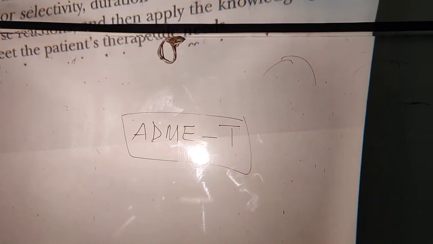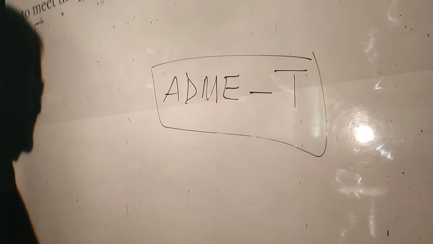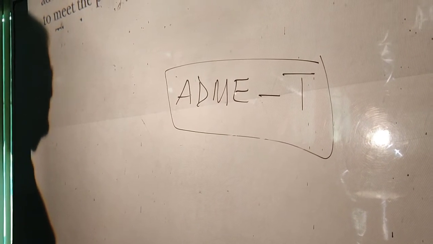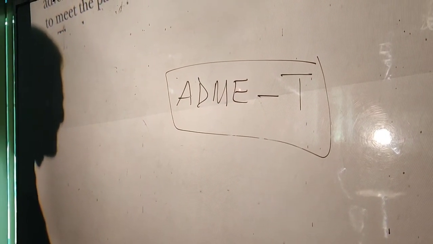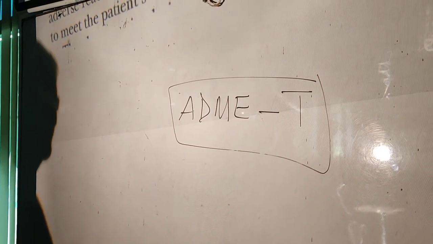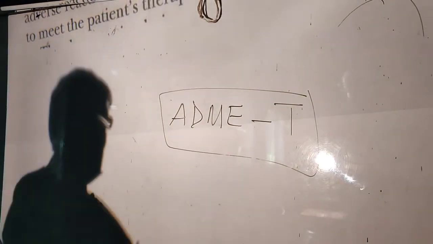Looking at the structure, you would see how it will absorb into the body, and with the structure what way it will distribute in it, and then you will look at how it will be metabolized, and then you will frame what will be the route of excretion.